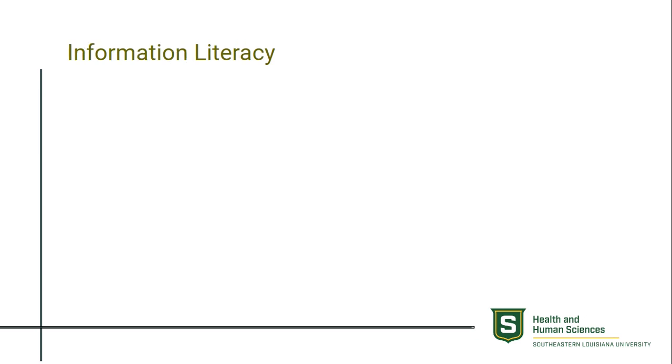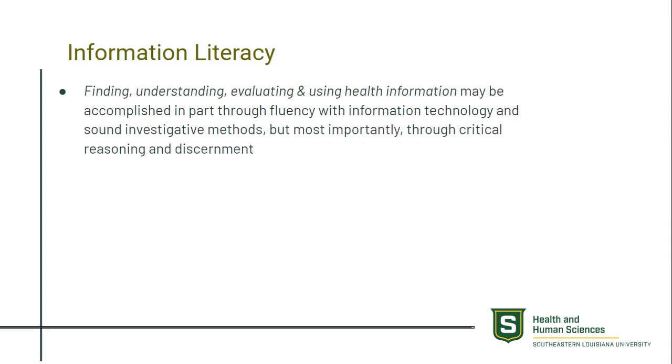So what is health information literacy? Information literacy basically deals with understanding, finding, evaluating, and using health information. And it's very important to do that because you have to consider a fluency in information technology, and having the ability to do sound investigation using investigative methods, but also being able to apply critical reasoning and discernment.